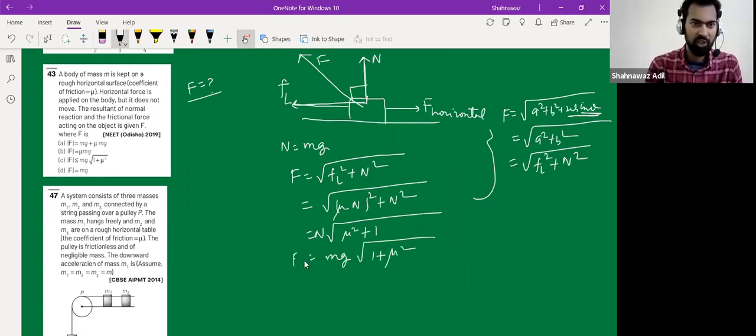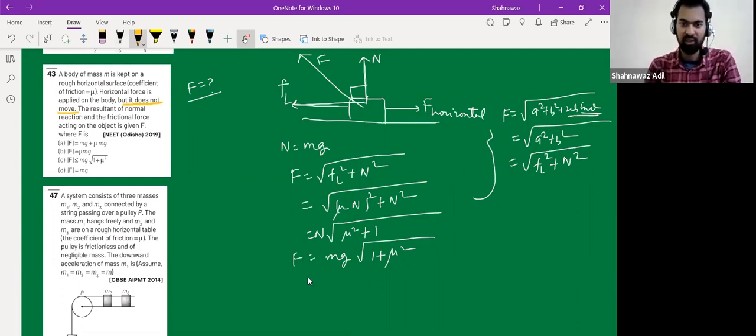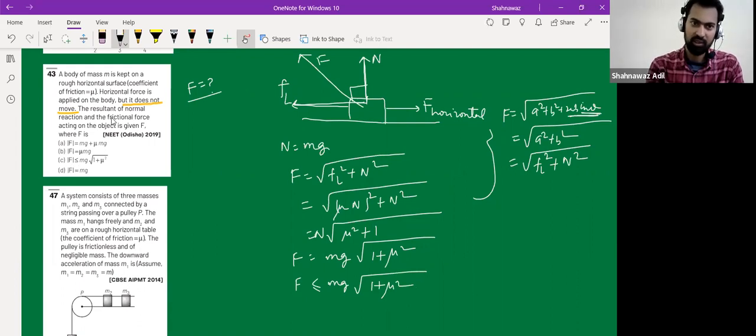For it not to move, F should be less than or equal to this. So Marita got the right answer.